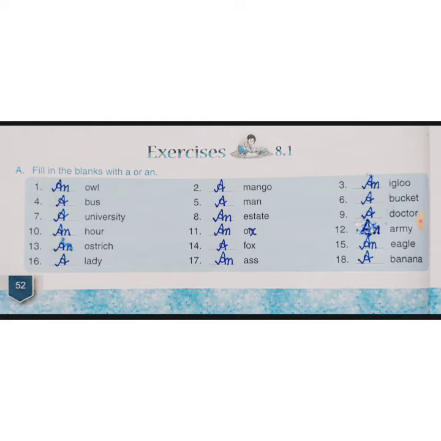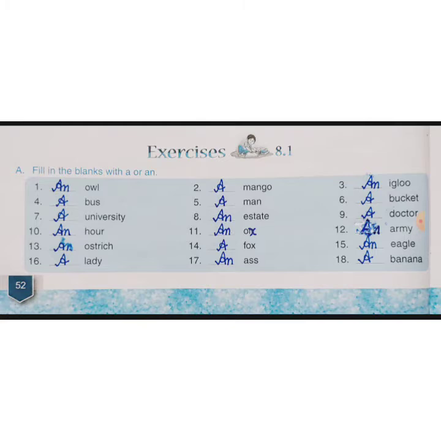Dash bus. Again consonant sound is coming, it is starting with B. So a bus. Dash man. Again you can see consonant is there. So we will use a man. A bucket.